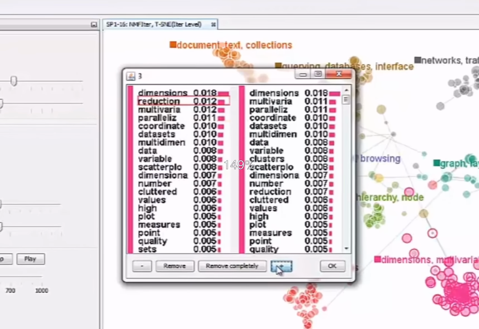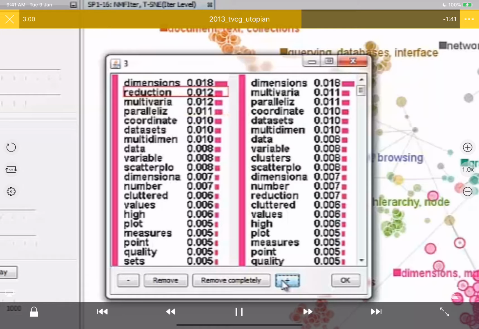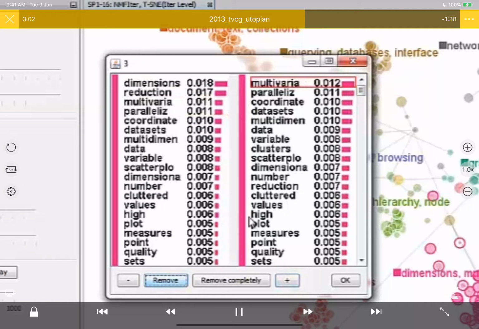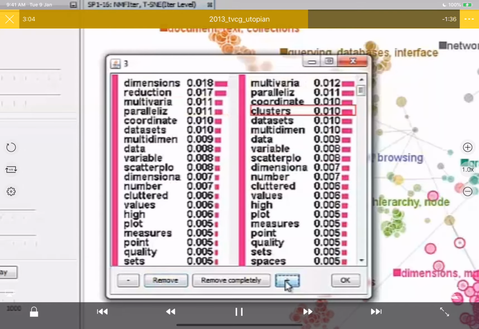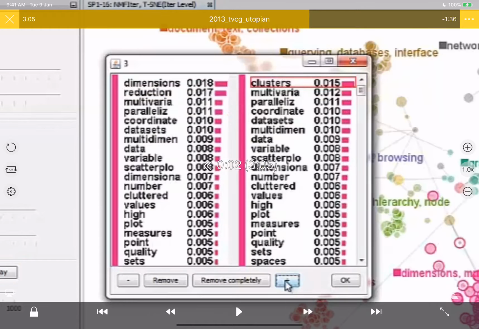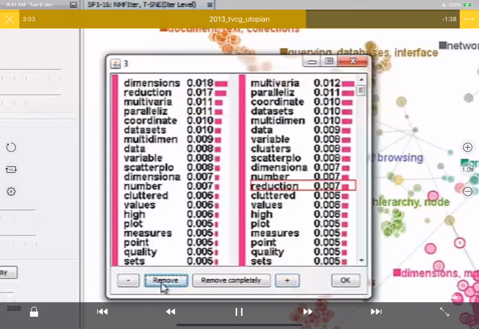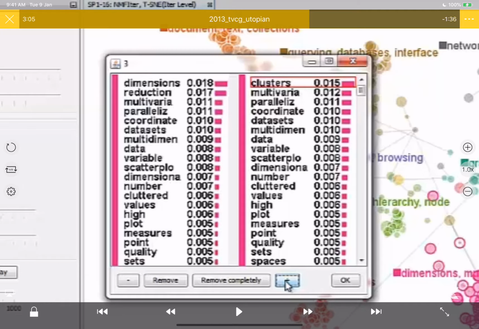And so here, initially starting with the duplicate topic proportions, in one case I just increased the weight of the dimension reduction topic, and in the other I just increased the weight of the term clusters.